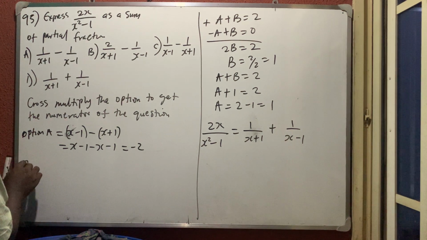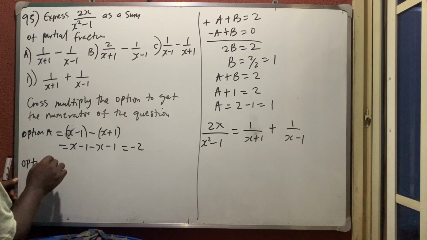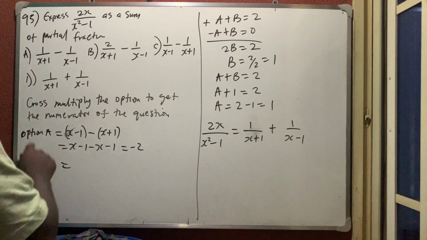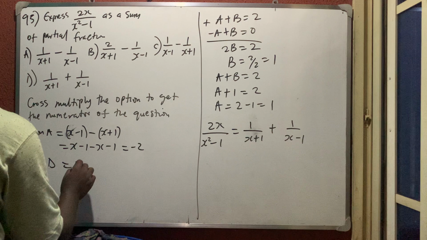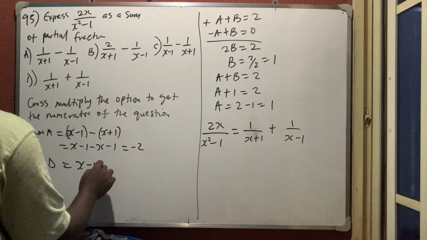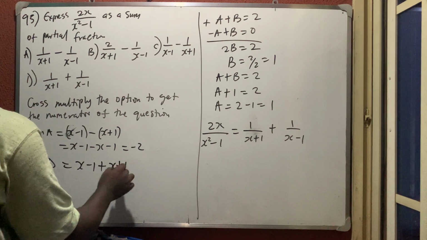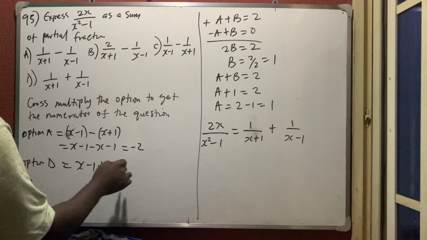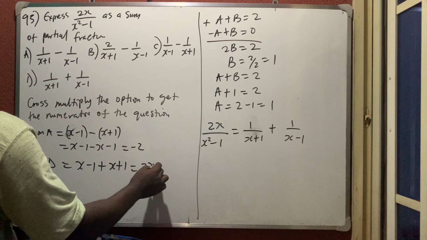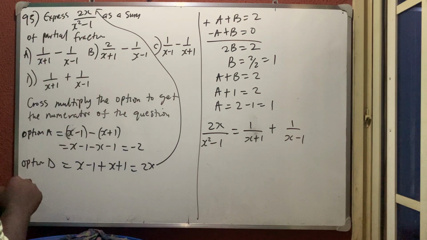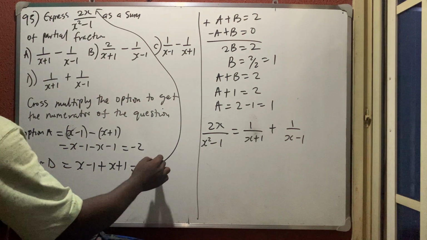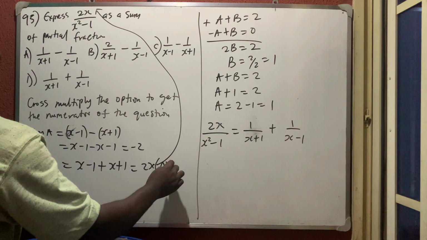Let me check option D. I know that option D is the right answer, but let me just check it. So I'm going to cross multiply. This time this will give you x minus 1. This time this will give you plus x plus 1. So this minus this is gone. x plus x is equal to what? 2x. And 2x is simply the numerator of the question.